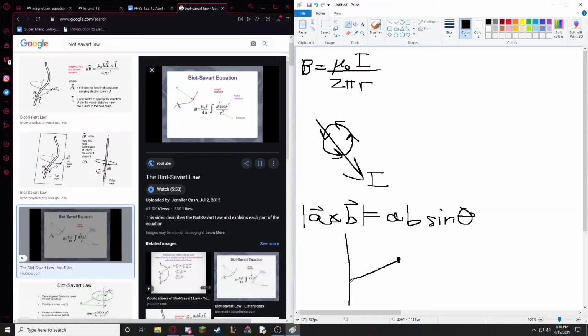Let's say the current's straight upward. Then we have ds, which is the segment of the current, and r is the radial direction, which is this. So this here would be our angle theta.